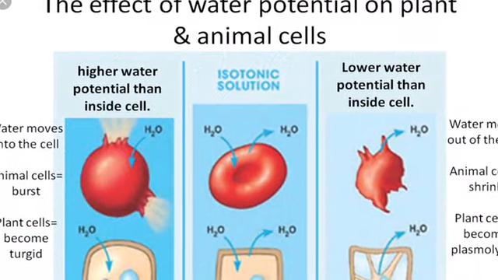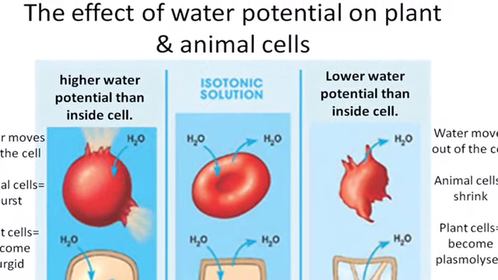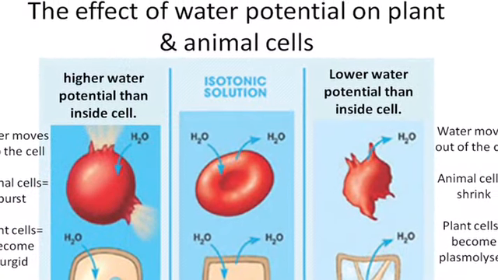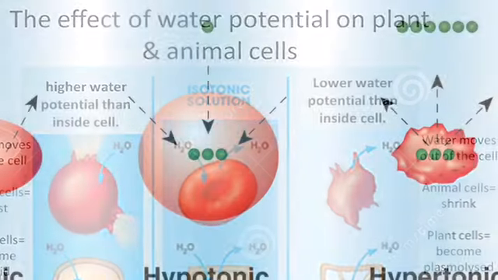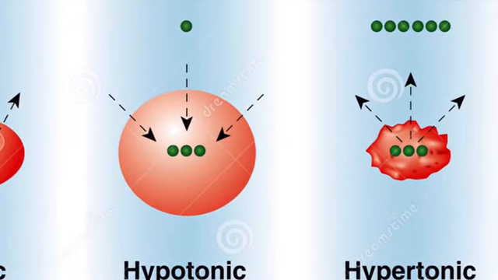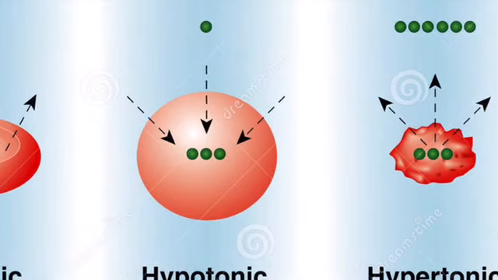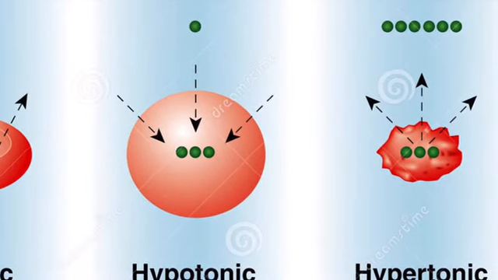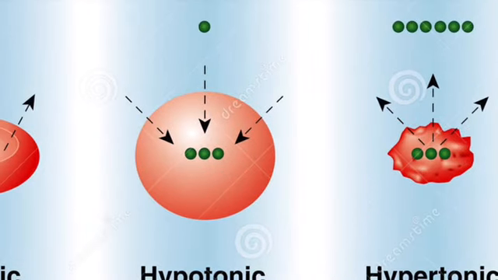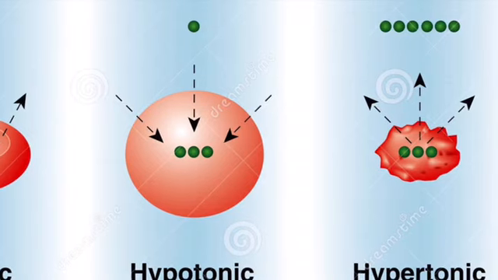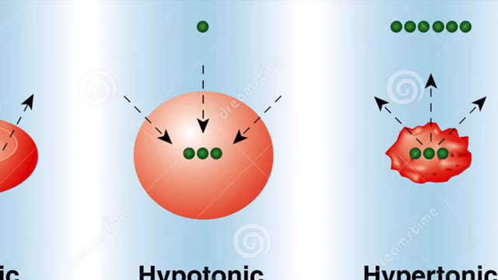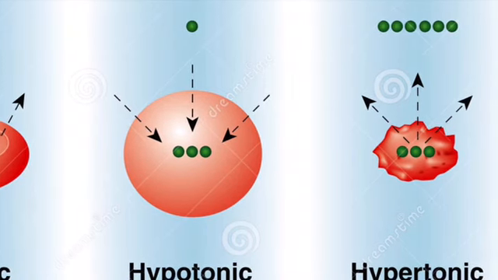Another condition or environment that cells can be placed in is hypertonic. Hypertonic is when the concentration of solute is higher on the outside of the cell, which means that water always follows the solute. So water will move from the inside of the cell to the outside. And when that happens, the cell will shrink or go through plasmolysis.